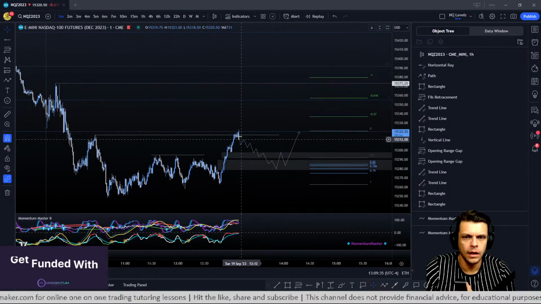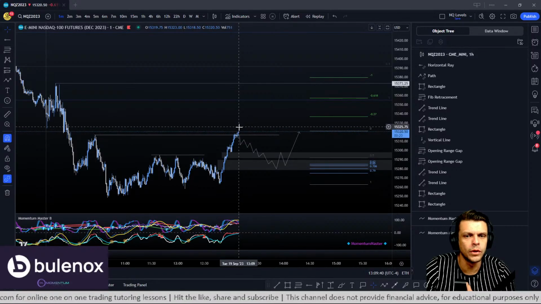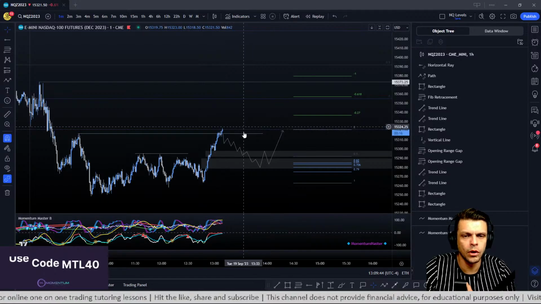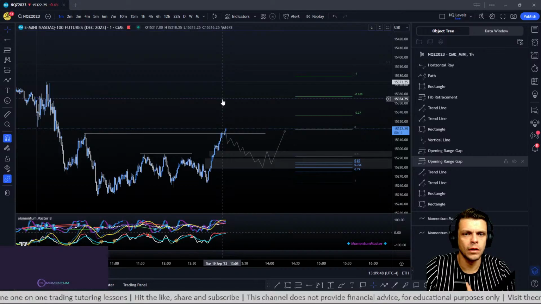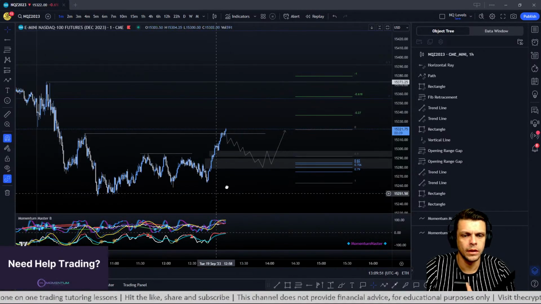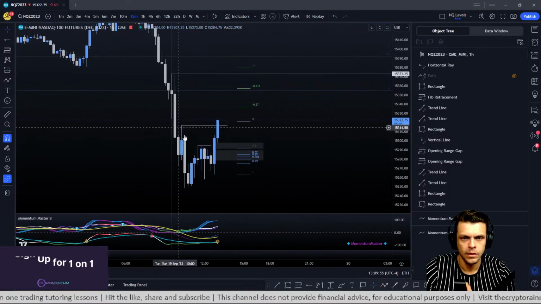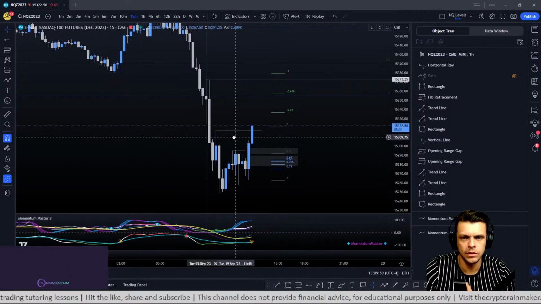Then the next one right at the start of the opening range gap, 15,355. And then whatever this high is going to be right here, that will be your first one, where I would sell the majority. So let's say you go in with 4 contracts, sell one right there, stop the entry, sell the next one there, and the next one right there. Starting to get nice displacement to the upside above the previous day high.